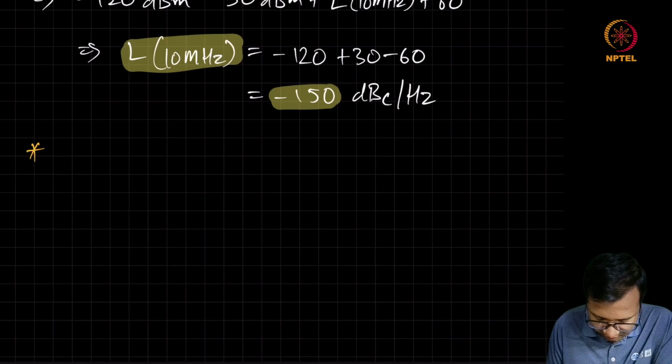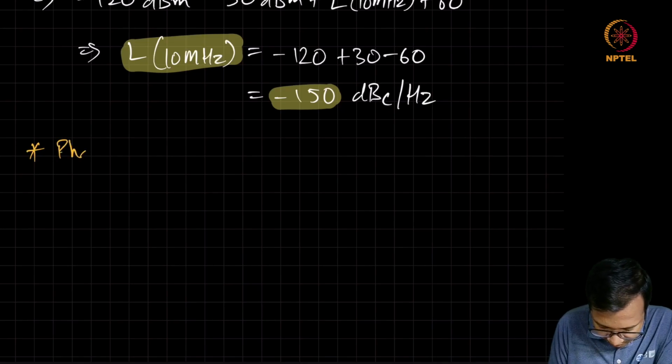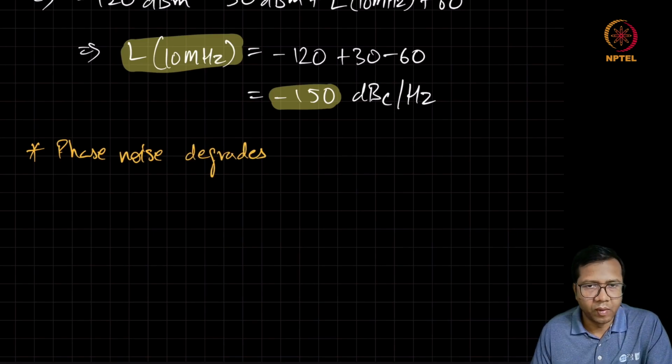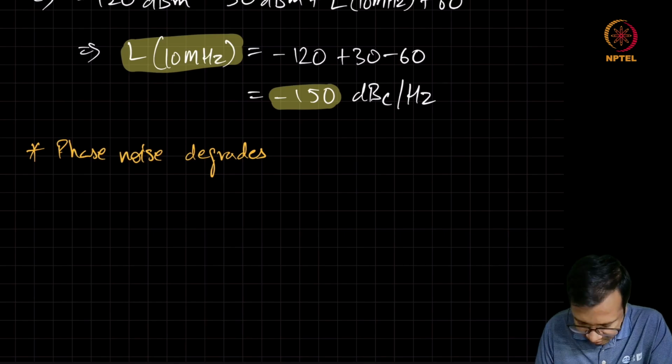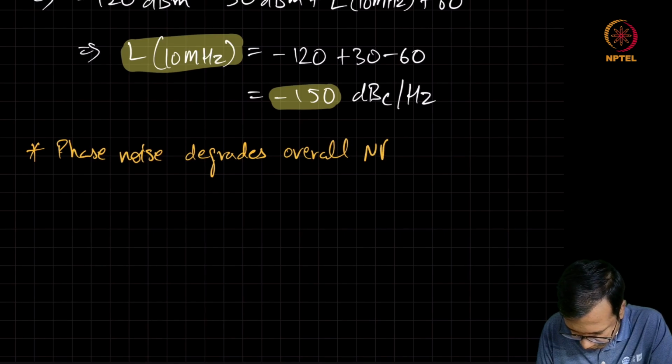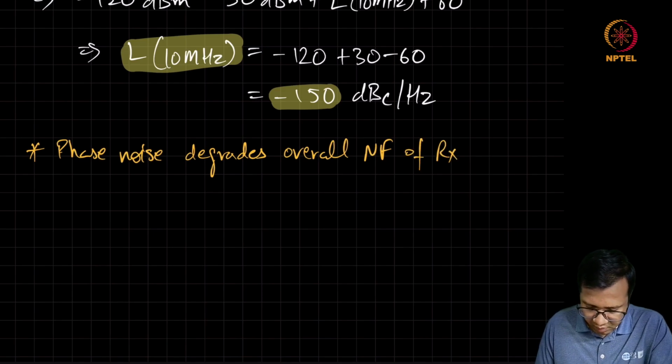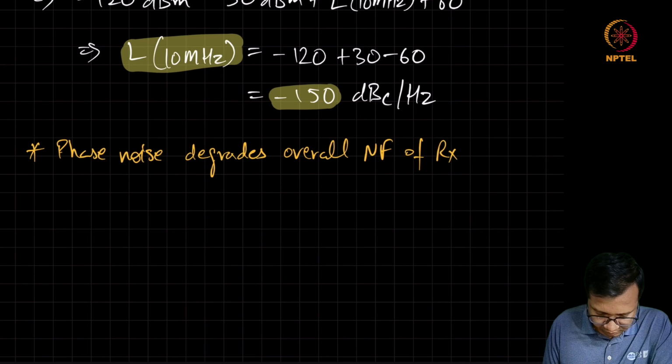The observation is that the phase noise degrades the overall noise figure of the receiver, and this happens in two ways.